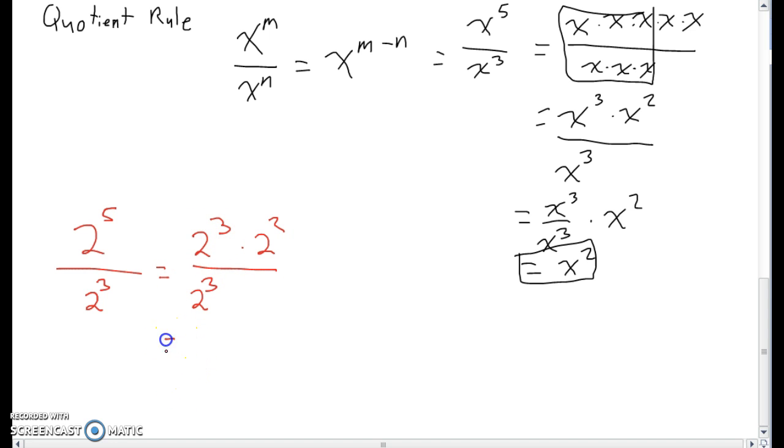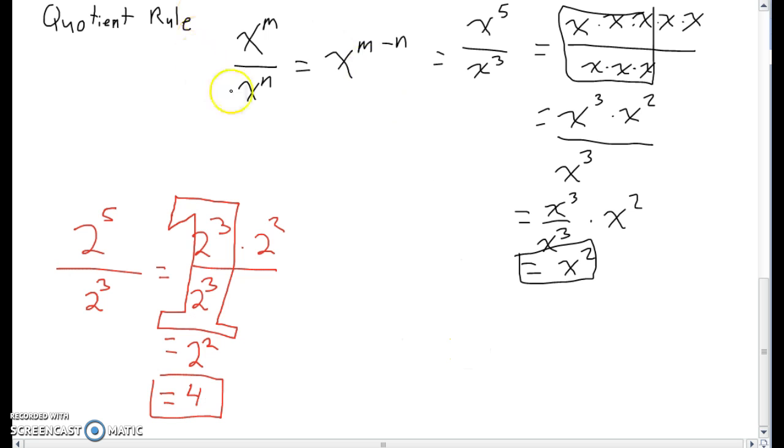I can look at what some people call a giant 1 right here. They say, oh look, we've got a giant 1, and so 1 times 2 squared is just 2 squared, which is the same as 4.